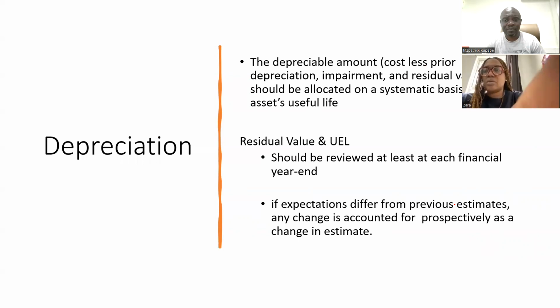So the residue value, or what you call the useful economic life, should be reviewed at least at each financial year end. If expectations differ from previous estimates, any change is accounted for prospectively as a change in estimate. So you can do all those things.